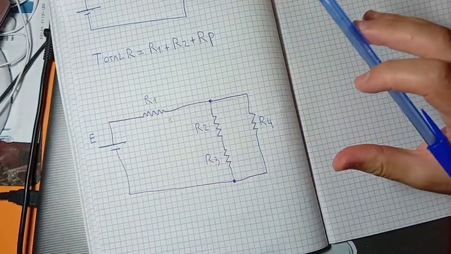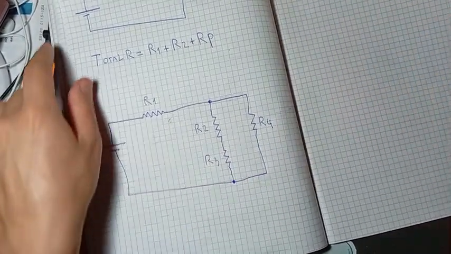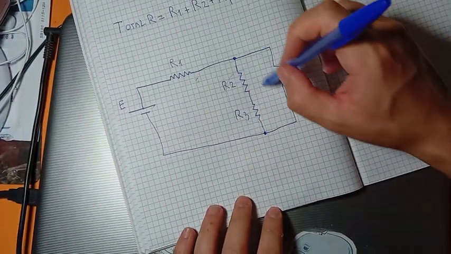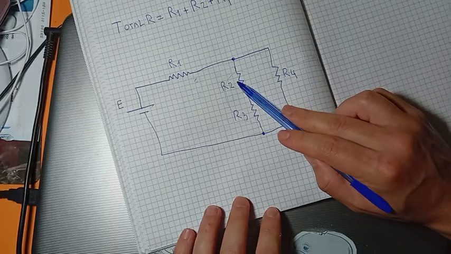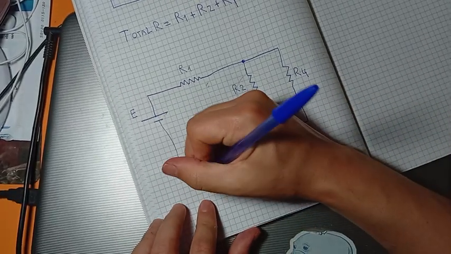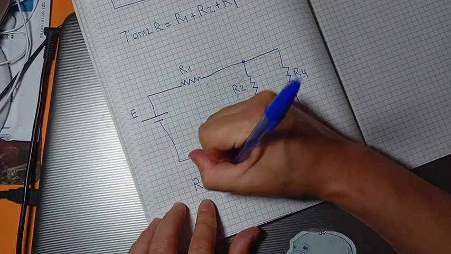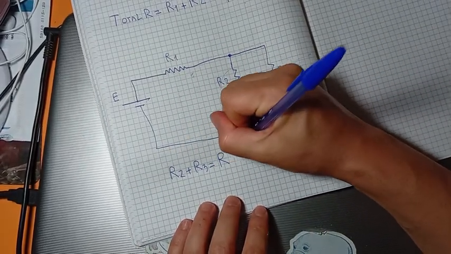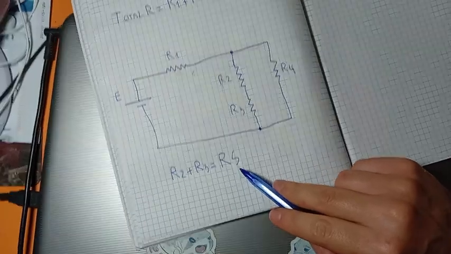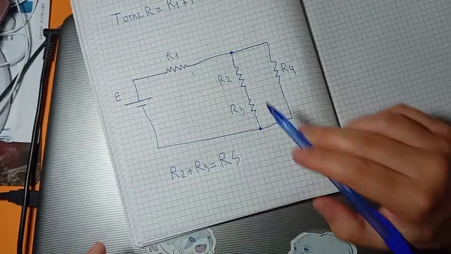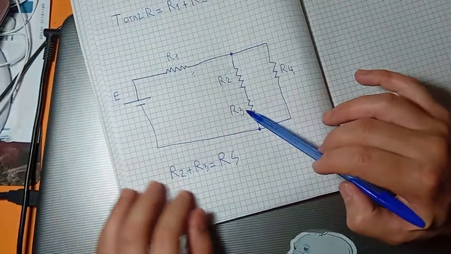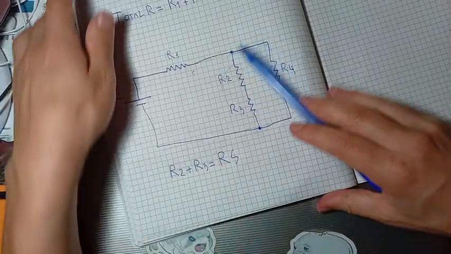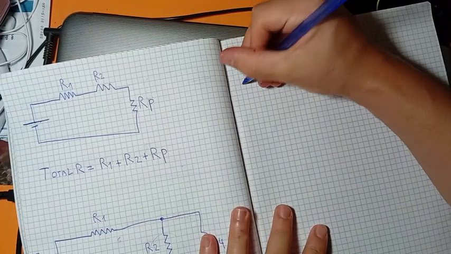And what should I do now to calculate the total resistance here? It's very easy. The first thing I do here is make the series between R2 and R3. So I calculate R2 plus R3. We'll call it RS, which is resistance in series, okay. And now I'll draw again these circuits, putting an RS in place of these two resistors, okay. I'll draw the circuit in this way.